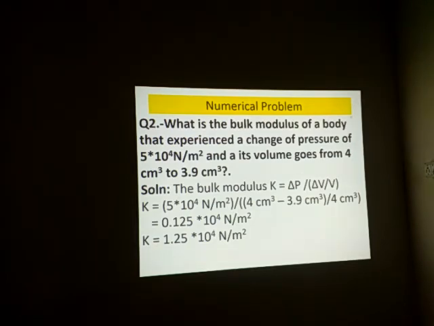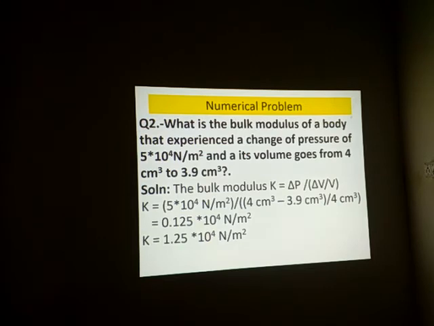So here K is directly equal to the delta P, the pressure applied. Pressure applied is 5 into 10 to the power 4 Newton per meter square. And the delta V, that is the volume change, delta V is 4 cc minus 3.9 cc divided by the initial volume, that is 4 cc.